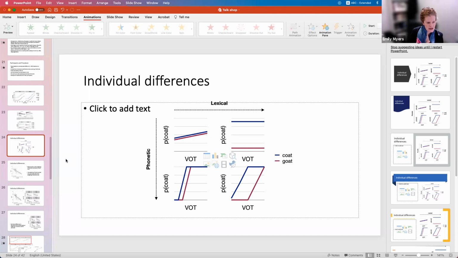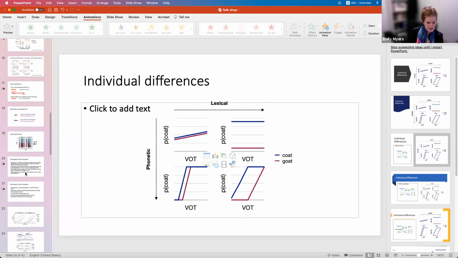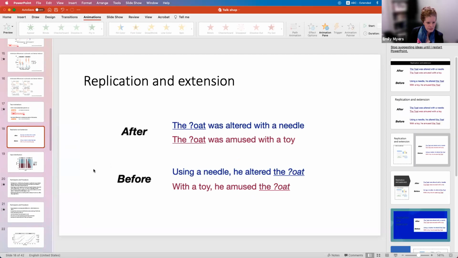The other question I had was about the use of the semantic context. I thought it was a very clever manipulation to do it before and after. Can we just go to those sentences again? So in both of these cases, you're looking at judgments after the completion of the sentence, and they're not speeded judgments, right?